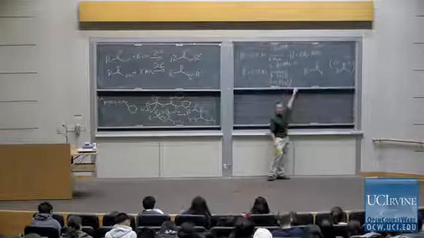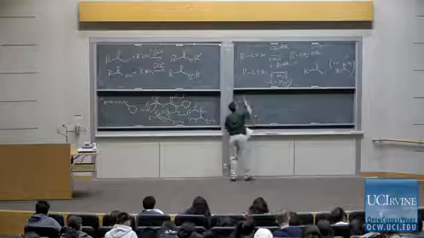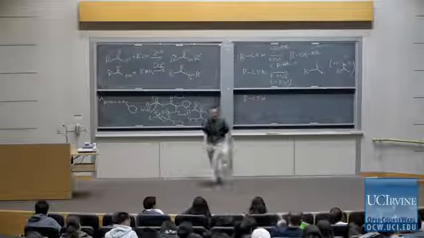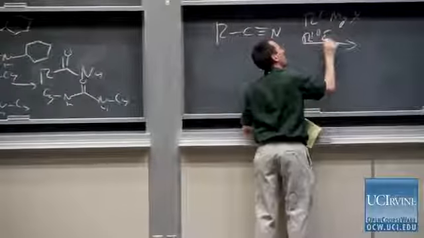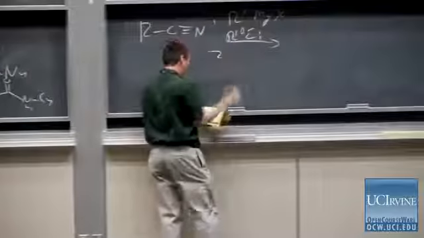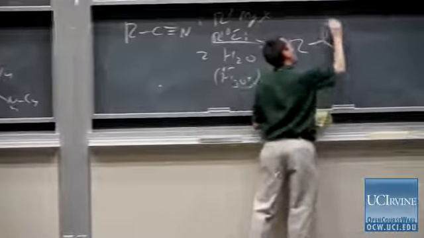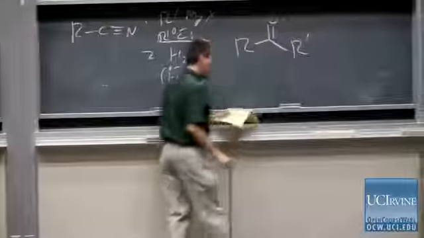And I'll give you 2 more examples from your textbook while we're talking about the chemistry of nitriles. And again, I could show you many other examples. So Grignard reagents and organolithium reagents, I'll call it R'MgX or R'Li, followed by an aqueous workup, H2O or H3O+, can add to give you ketones, like so.